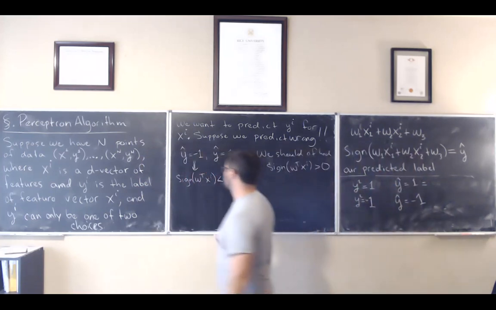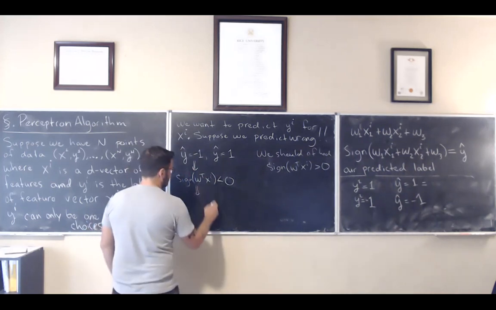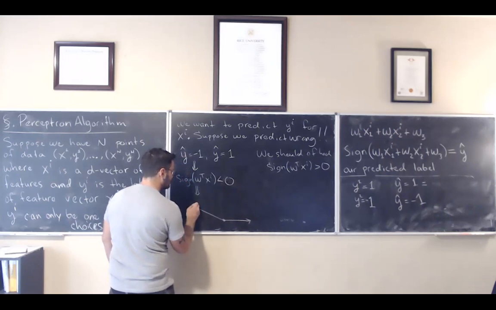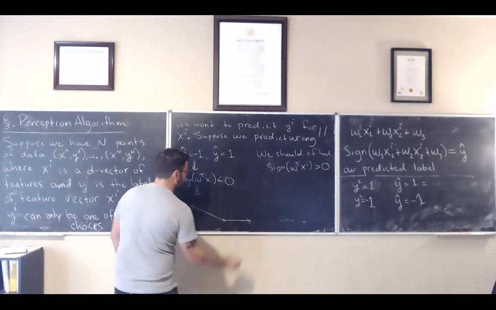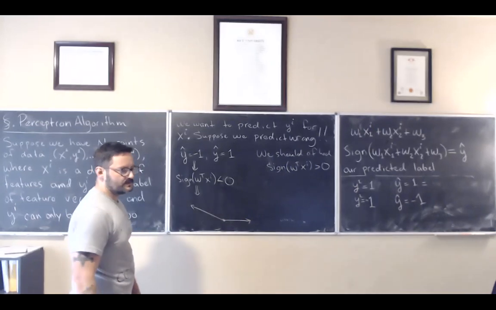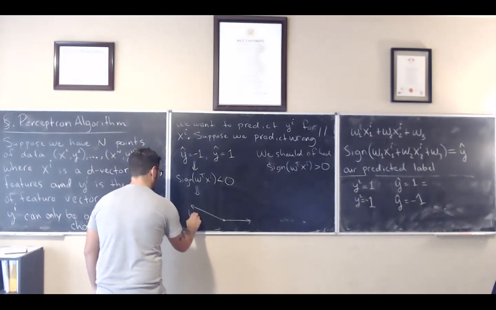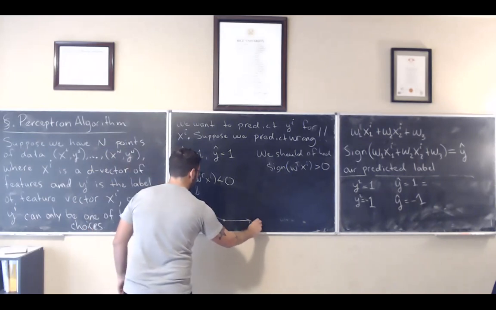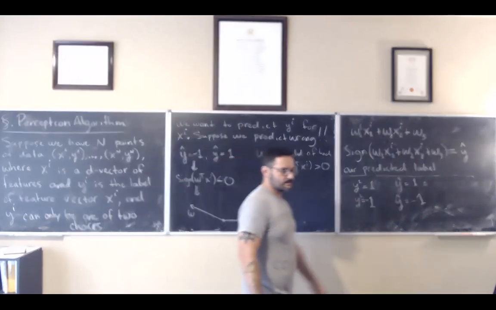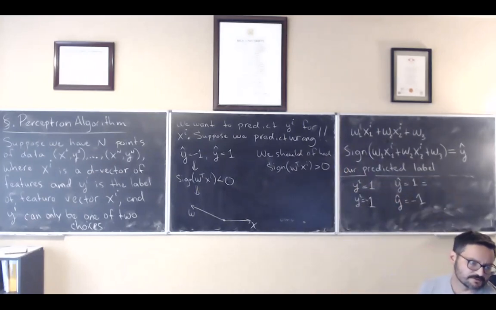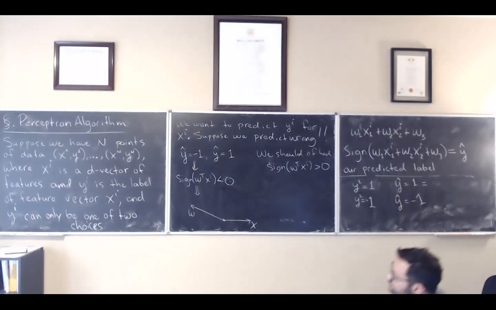It means that the angle between them is greater than 90 degrees. Right? It's greater than 90 degrees, from what we learned in the last lecture.